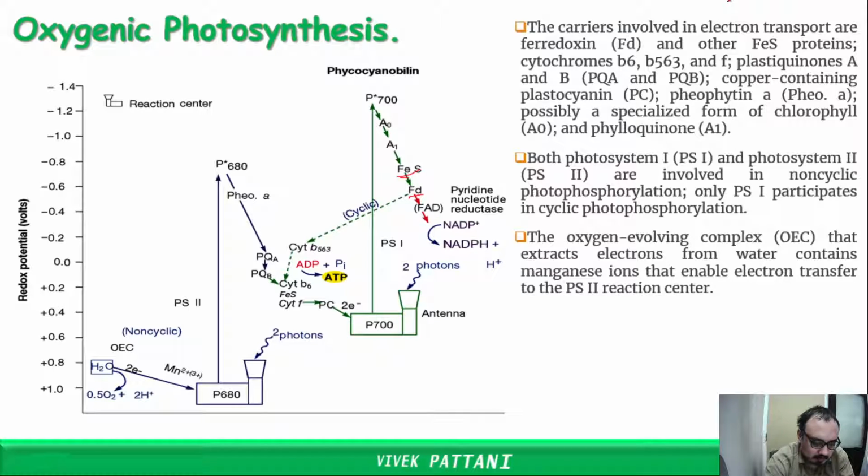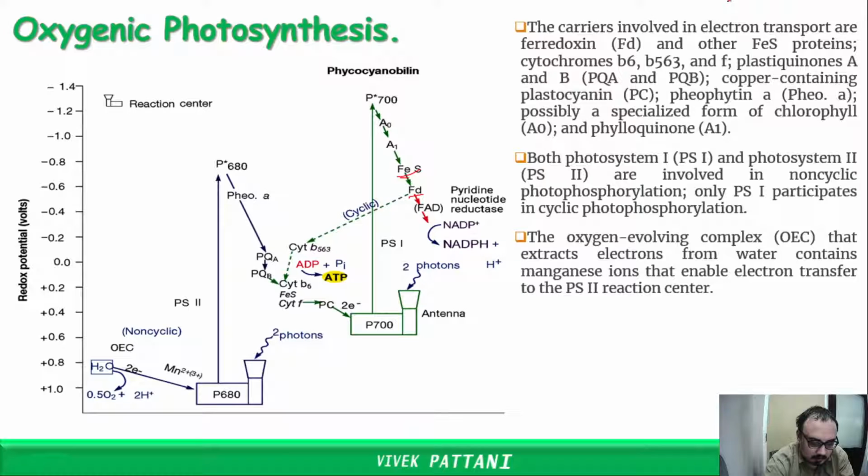In some cases, in various other bacteria, different reaction centers may also be present, such as ones that absorb light at about 860 nanometers. So it varies from bacteria to bacteria.